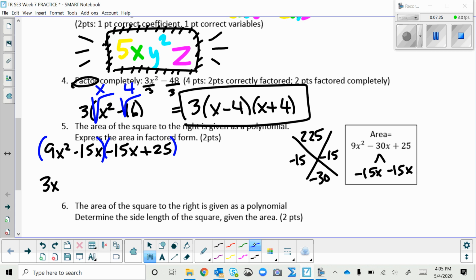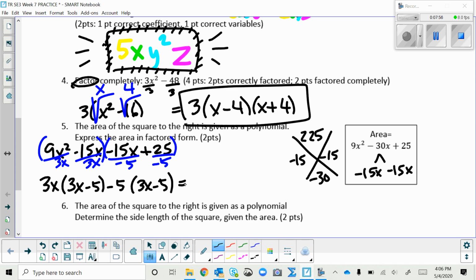So remember, I'm dividing that out of each term, and it leaves me 3x minus 5. The second group is leading with a negative term, so I want to divide a GCF out that's negative. And 15 and 25 have 5 in common, and there's no x's in common. So I just divide out the negative 5. And that leaves me with positive 3x minus 5.